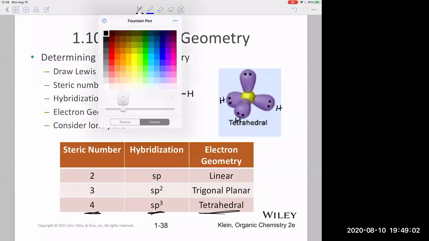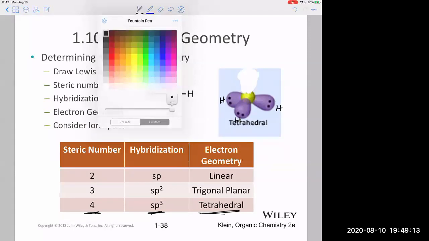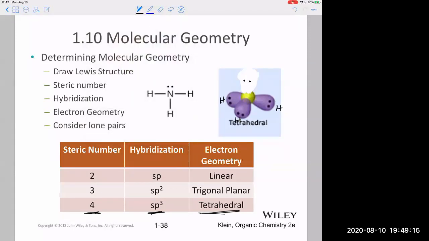This one here is only housing that lone pair of electrons. There's not a bond in there. So the molecular geometry of this one, considering the fact that there isn't a bond, is going to be different from the tetrahedral electron geometry.